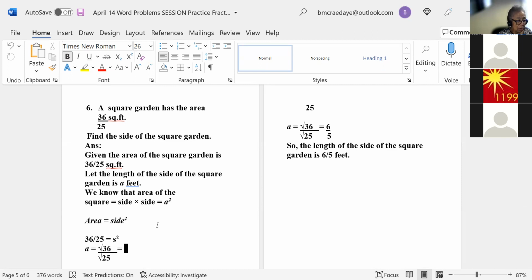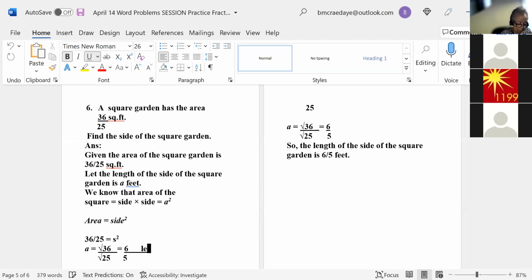So what's the square root of 36? 6. And what's the square root of 25? 5. Okay, so let's put 5 here, and that square root is the length of the side. So this is a 5. That means the length of each side is equal to 6 over 5 feet.